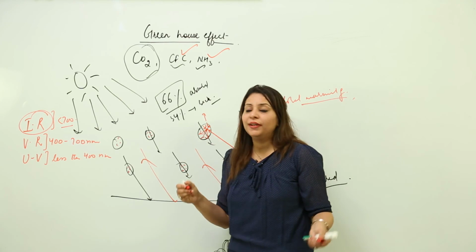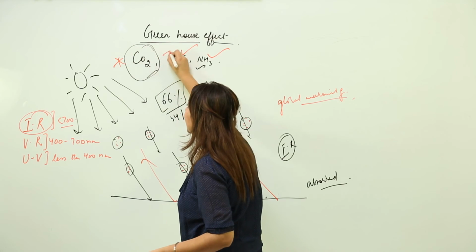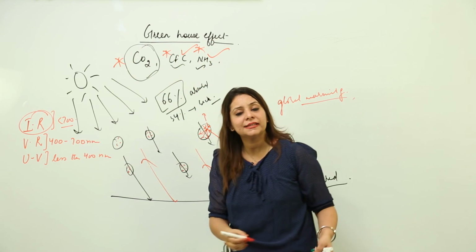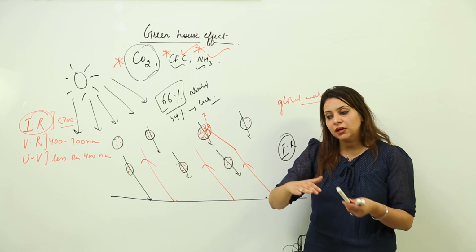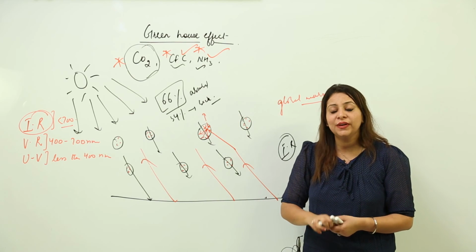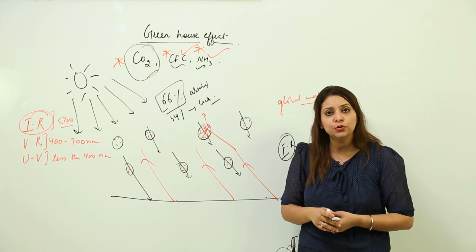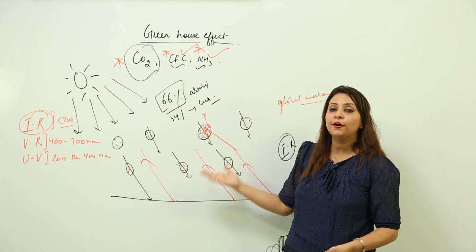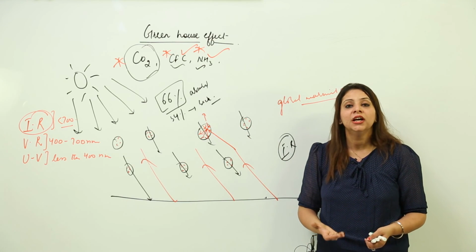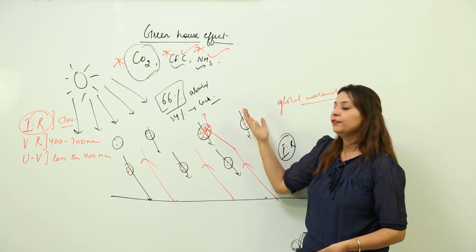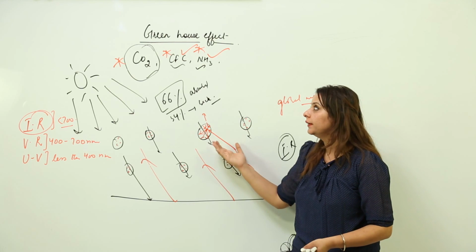We should take preventive measures so that these greenhouse gases do not exceed a certain limit, because when they exceed it, they become pollutants, and as you have seen, they can create disaster. So we need to take care of these gases also. This is the greenhouse effect.